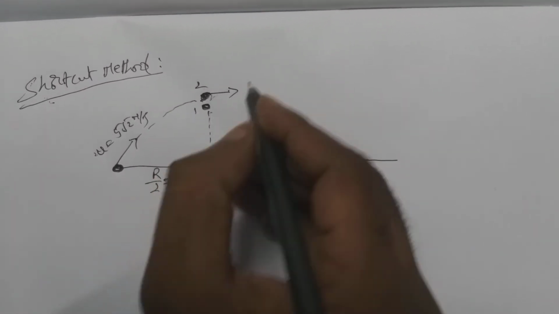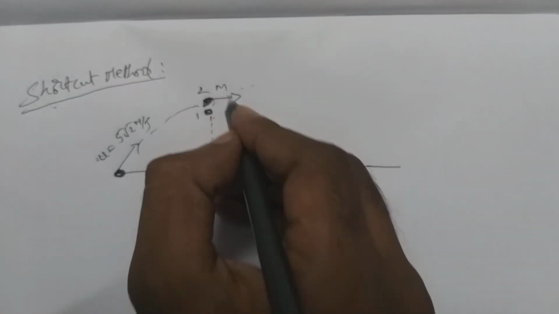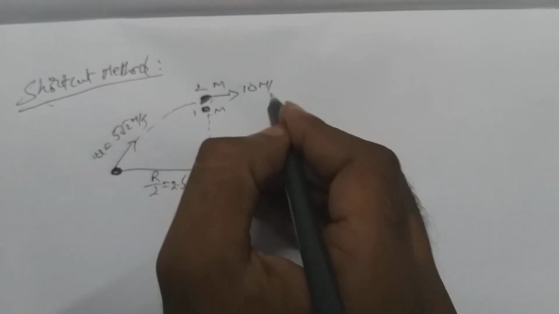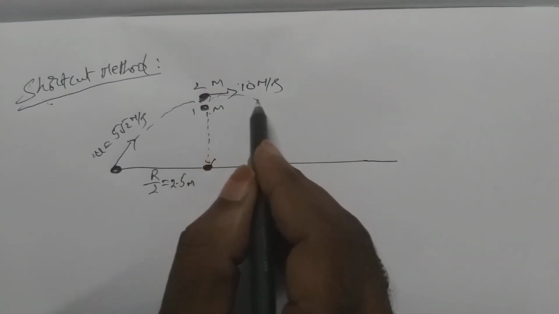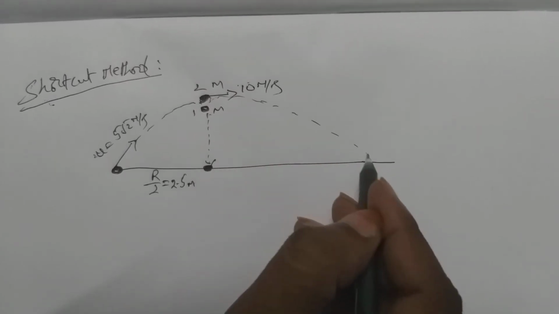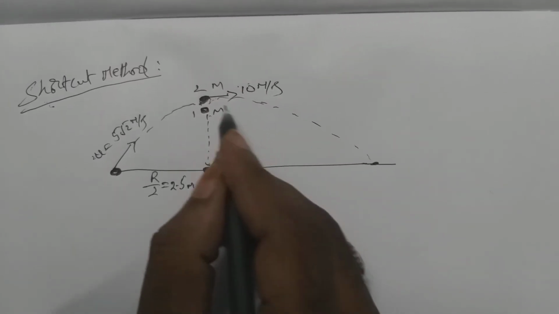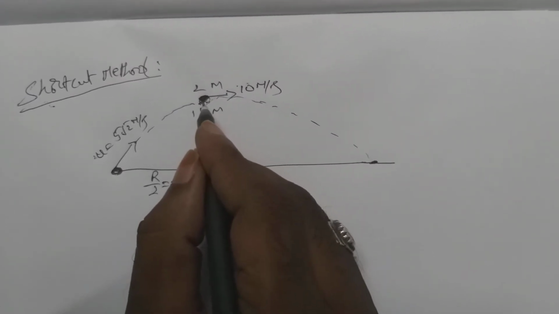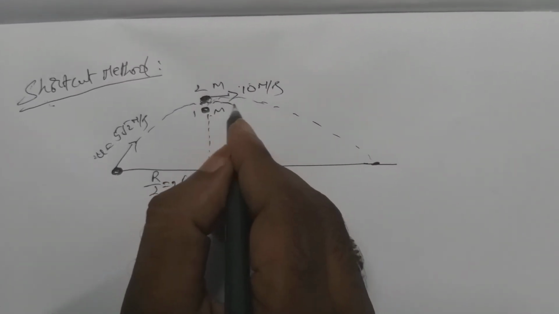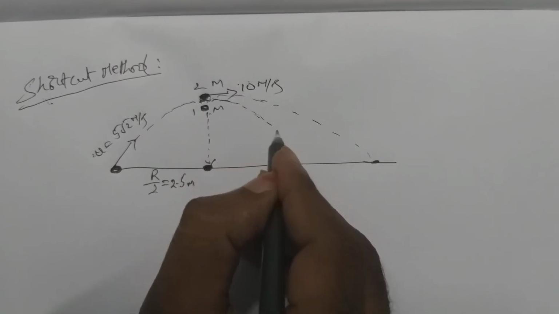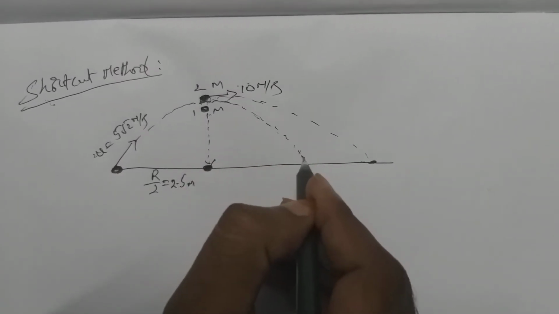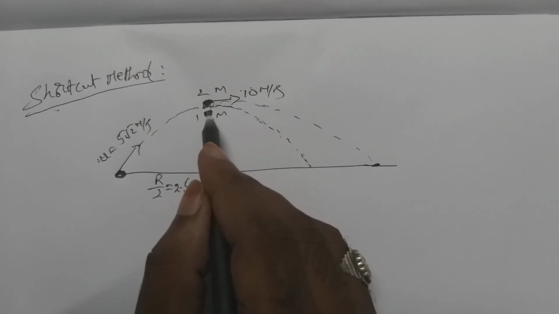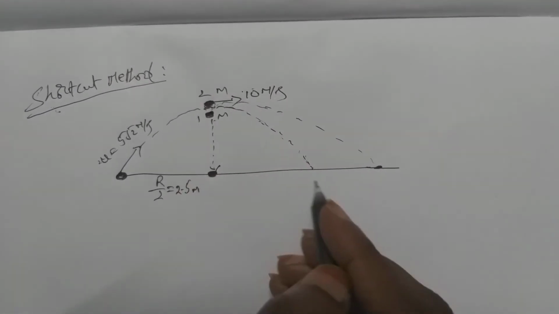The second fragment, with a velocity of 10 meter per second, lands suppose here. But since there is no external force acting along the horizontal direction, the center of mass path remains conserved. The center of mass will follow the same path as if there is no explosion or splitting.